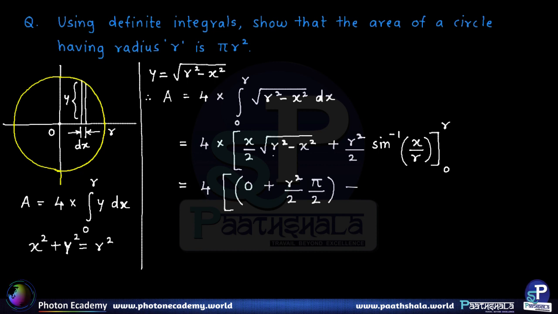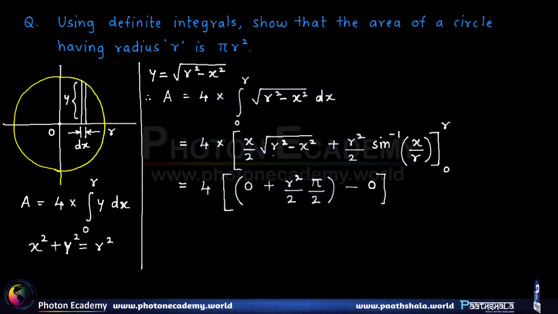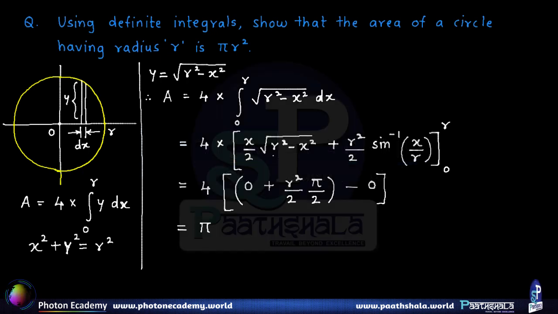So by putting x as 0, the entire expression becomes 0. For solving further, if we open the bracket, we will see that 4 will get cancelled out, and we are left with pi r square as the remaining expression. So we have proven that the area of the circle with radius r is equal to pi r square with the help of the definite integration approach.